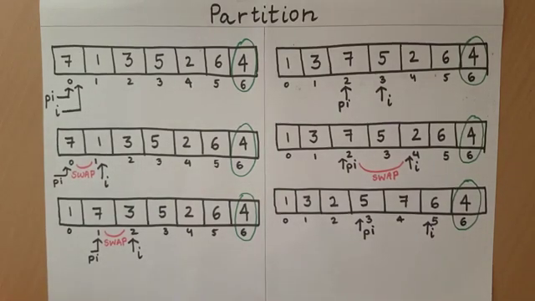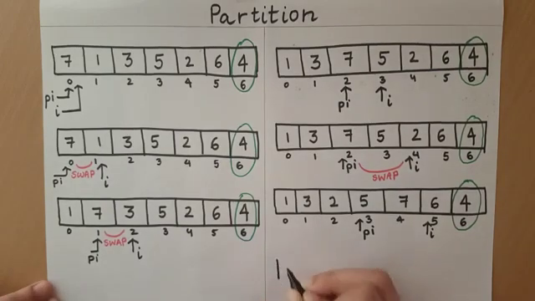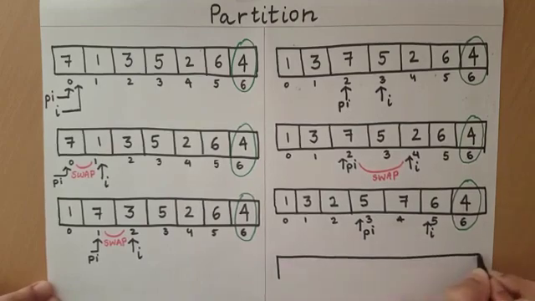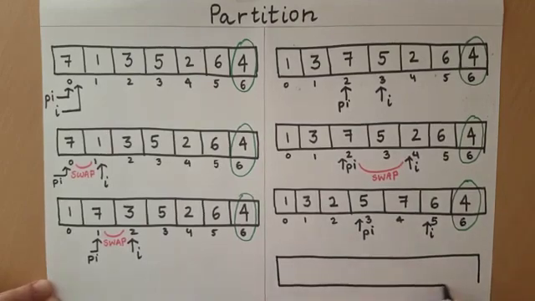When we increment I by 1, we would have reached the pivot. So once we have reached the pivot, the step we must do is swap the element at Pi and I. When I reaches the pivot, it means that every element in the array does not violate the condition that Pi is the correct index.